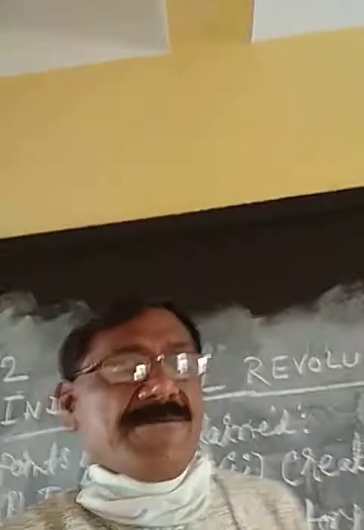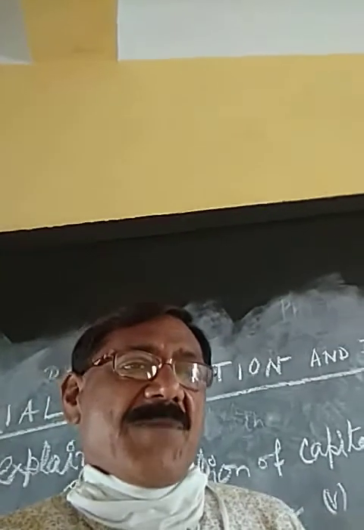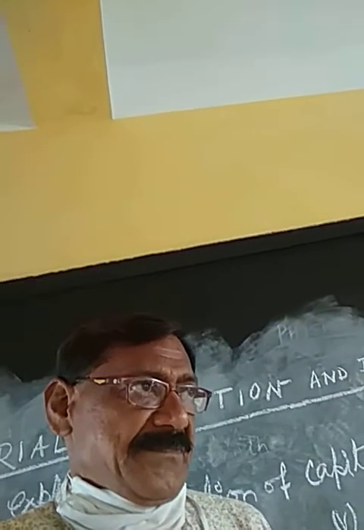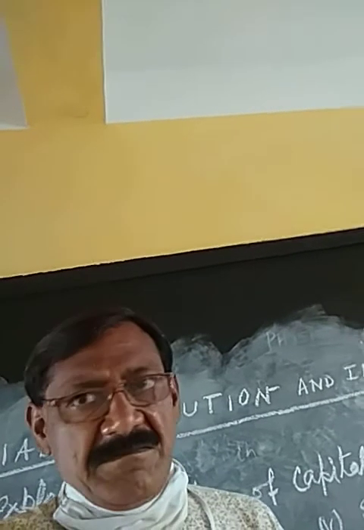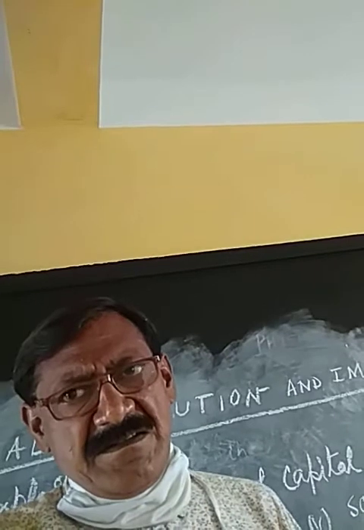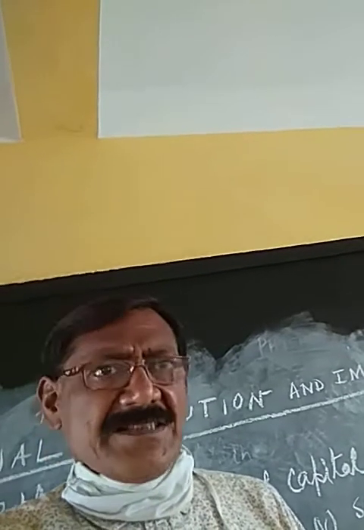Next point, creation of capital. Next point, my dear students, look at it. Second point, creation of capital. What is it about? A number of money lenders came forward in order to invest their money, the money which was left uninvested. Now they realized its importance.